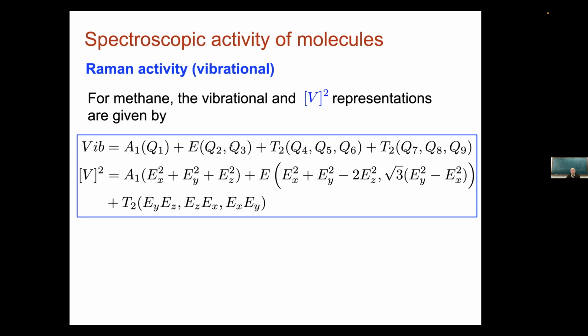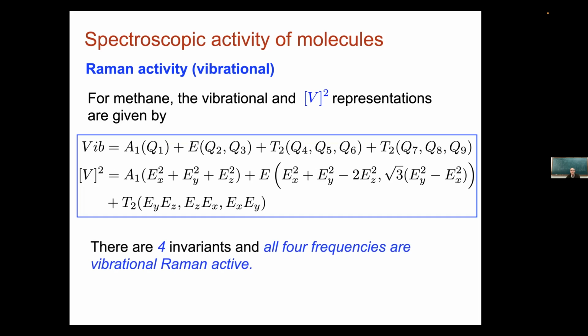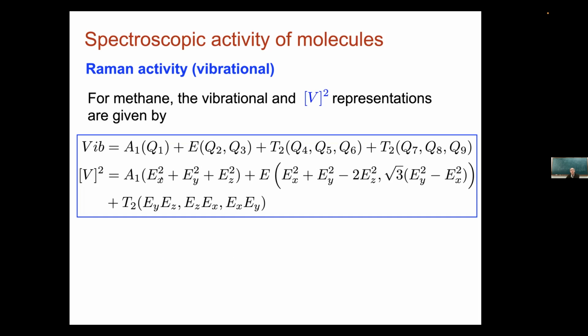So now I can just construct the Hamiltonian. I'm not going to do it explicitly. But you see, how many invariants can I construct? Well, I can multiply this A1 by this A1. This gives me an invariant, and this tells me that the corresponding frequency is active. This I can multiply by this, which gives me another invariant, and these two frequencies are also active.